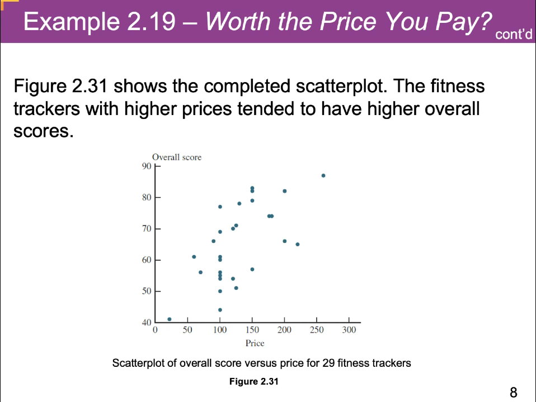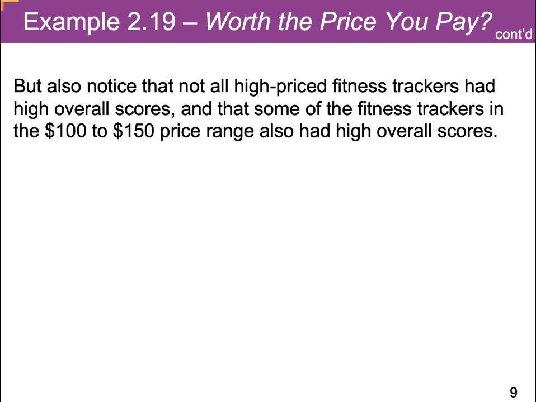There is some variation, but we do see at least some relationship because we can see that it starts a little on the lower quadrant and then it ends up in that upper quadrant. But you have to be careful looking at things because not all high-priced fitness trackers were high overall scores. There were some scores that were not quite as expensive.